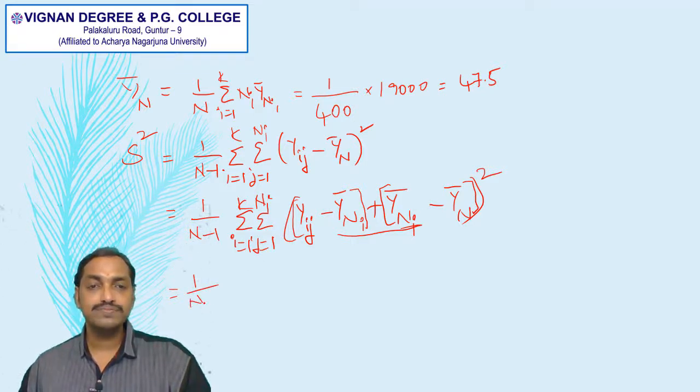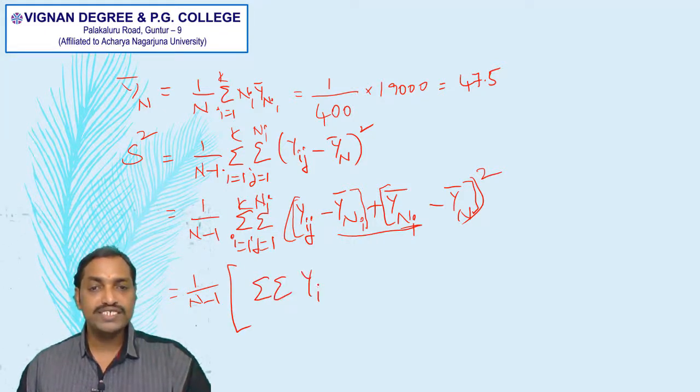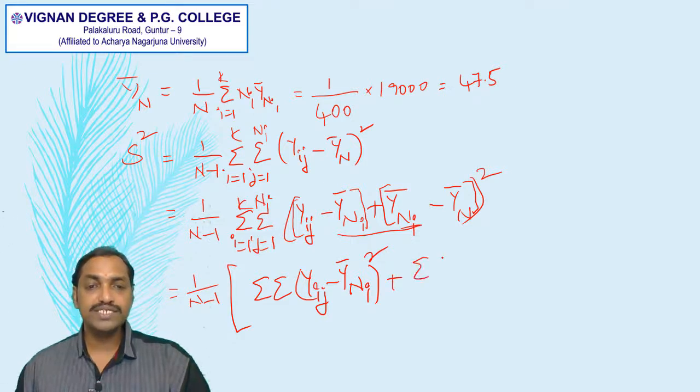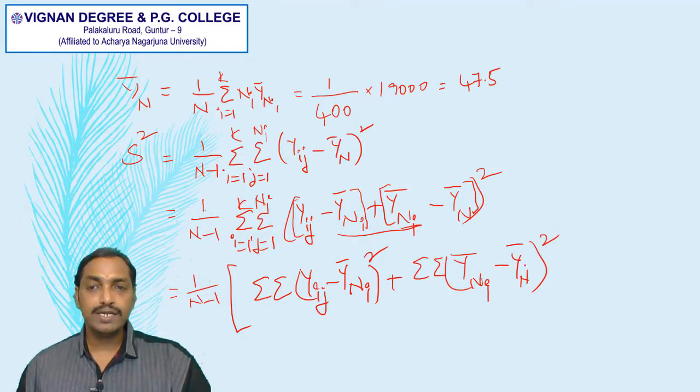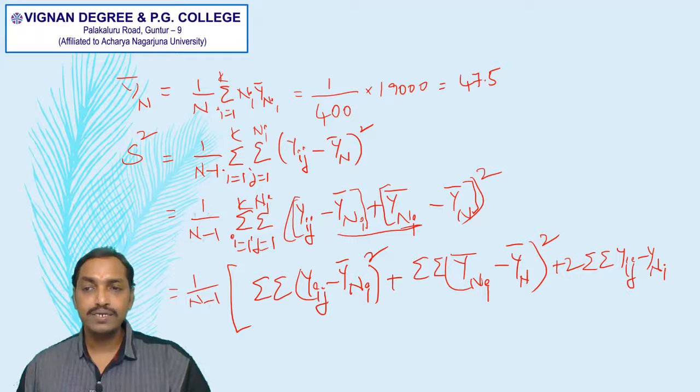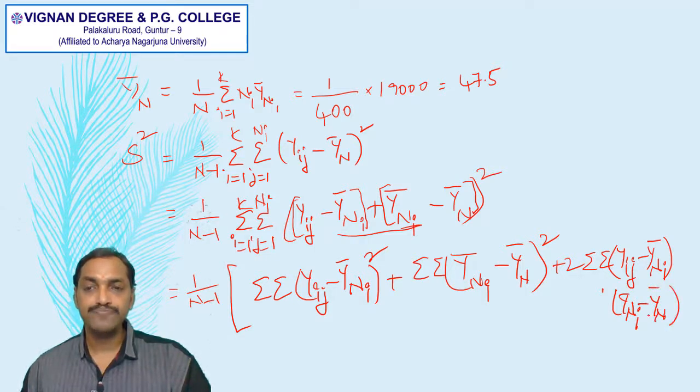By expanding, we get 1 by N into double summation Yij minus Y N i bar whole square, plus double summation Y N i bar minus Y N bar whole square, plus 2 into double summation Yij minus Y N i bar into Y N i bar minus Y N bar. Here the 2 into this term will vanish, because summation j equal to 1 to Ni of Yij minus Y N i bar becomes 0.